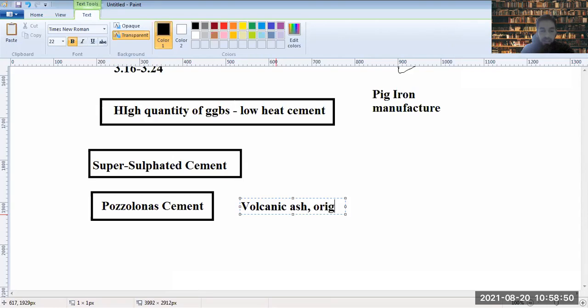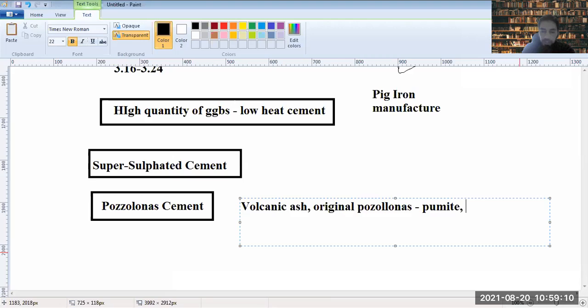They are original pozzolanas, like pumice, shales, and the calcined diatomaceous earth, and you also have clay, which may be burnt clay.